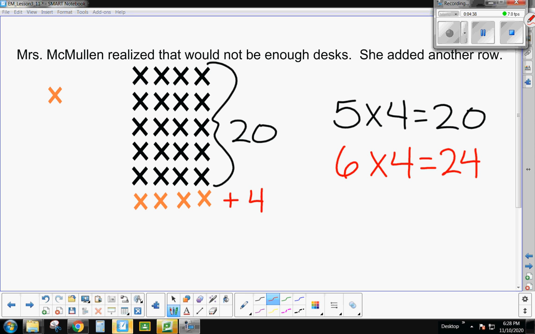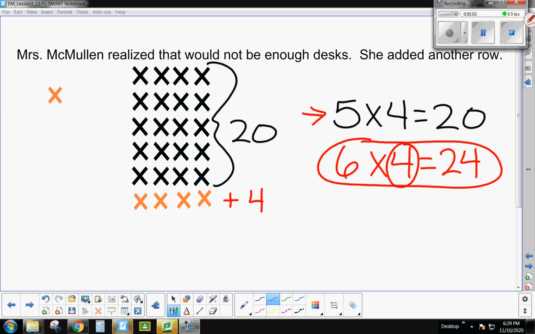If I had the fact 6 times 4 and I didn't know what the answer was, could I use 5 times 4? Because I know that's an easy fact because it's times 5. And then because I know that I have 6 rows of 4 instead of 5 rows of 4, I can just add on another row of 4.